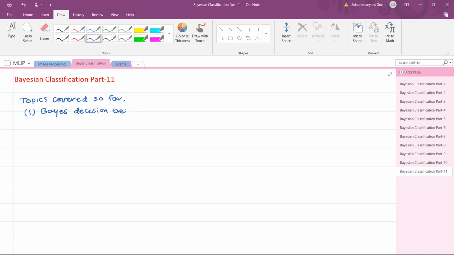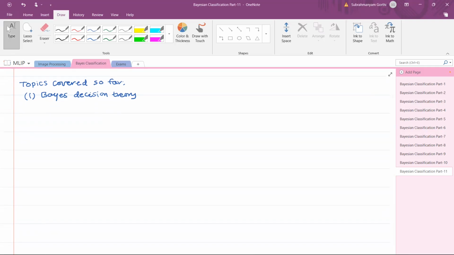We discussed the place of this whole Bayesian classification in terms of our course content, machine learning for image processing. Then we had a brief bird's eye view of the whole thing.